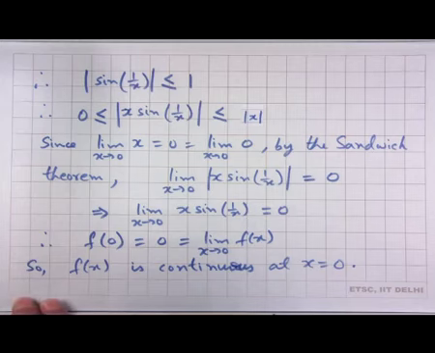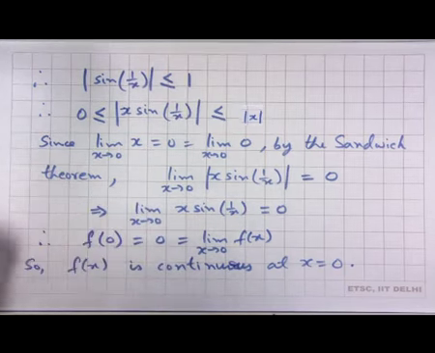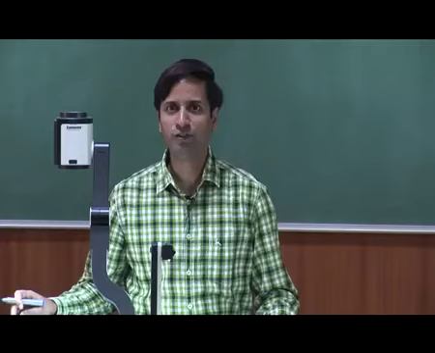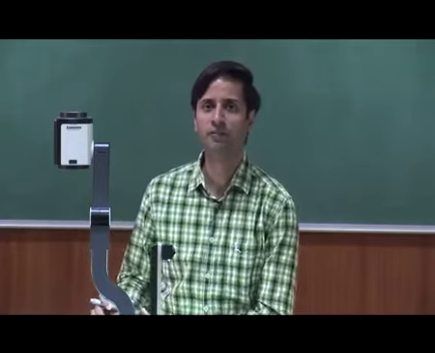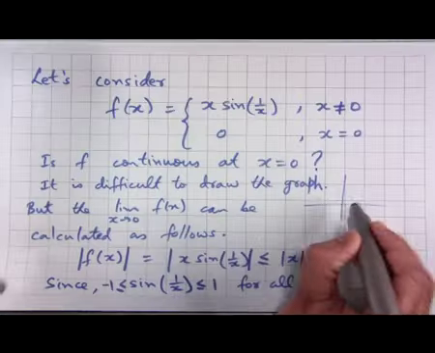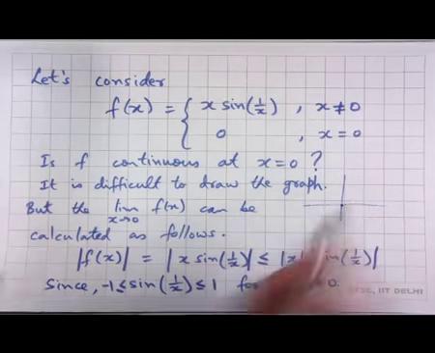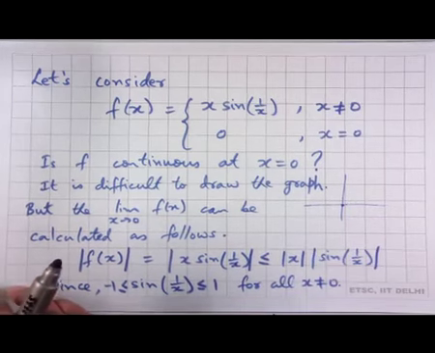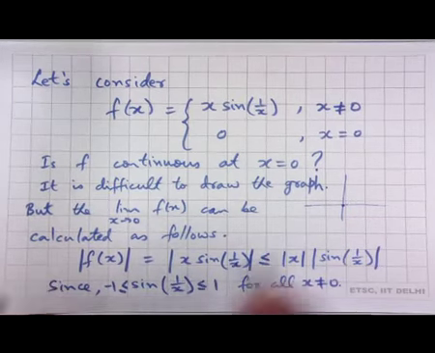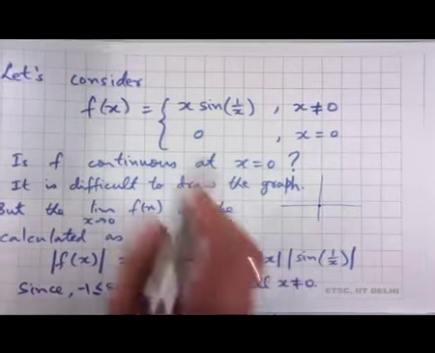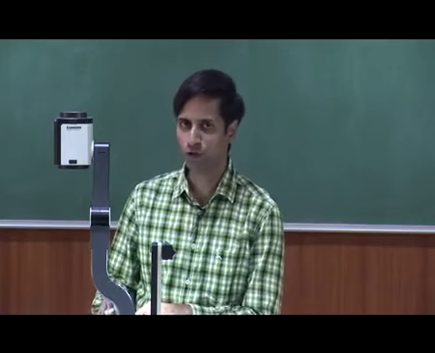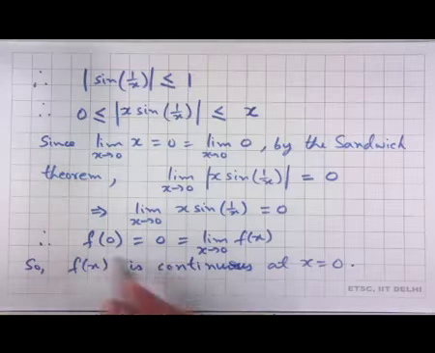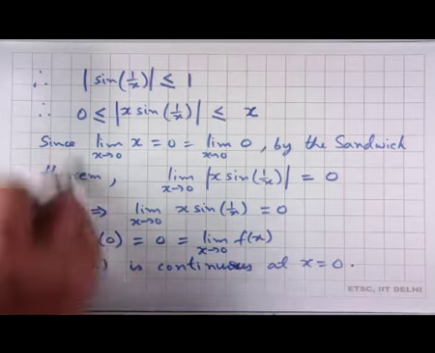So, this example is important because here drawing the graph of the function and then inferring whether the function is continuous at x equal to 0 or not is difficult, but by calculating the limit of the function at 0, we saw that it is equal to the value of the function f of 0, and hence the function is continuous at 0.